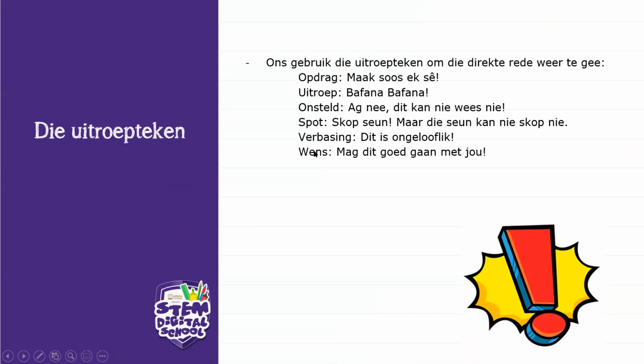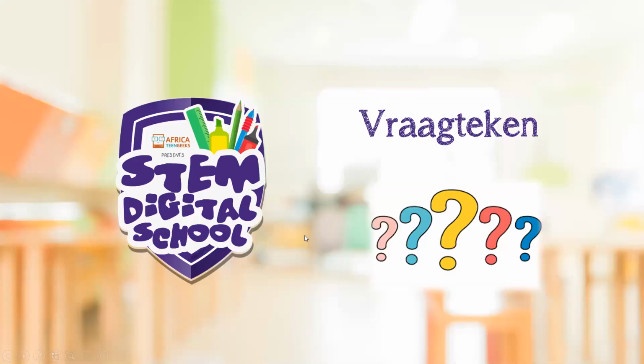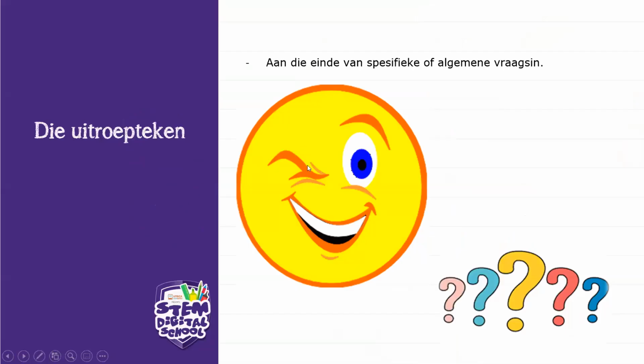And then the last one, when we wish something good on somebody, for instance, saying may it go well with you, then we can also use an exclamation mark. Sometimes it comes at the end of a verb, used a lot in advertisements, and then obviously used to give an emotion about something, or to emphasize something. Then, as I said earlier, at orders, and that was then the uitroepteken.